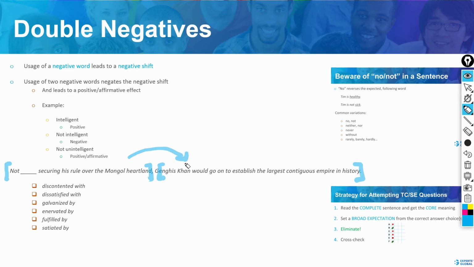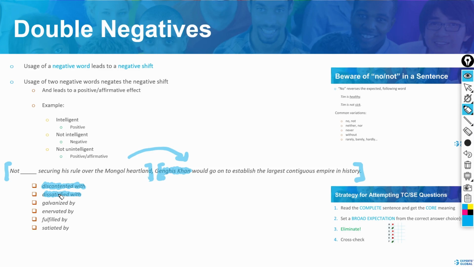Therefore, we want to convey something on the lines that because Genghis Khan was discontented with or dissatisfied with securing his rule over the Mongol heartland, he went on to establish the largest empire in history. So we want to say that Genghis Khan was dissatisfied, but we have a not here.